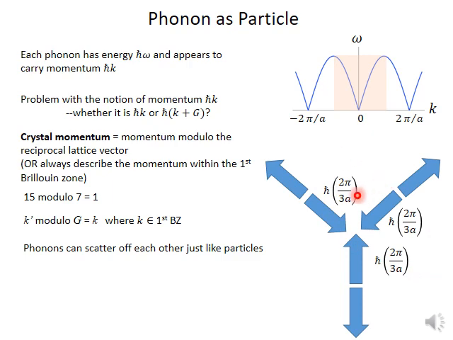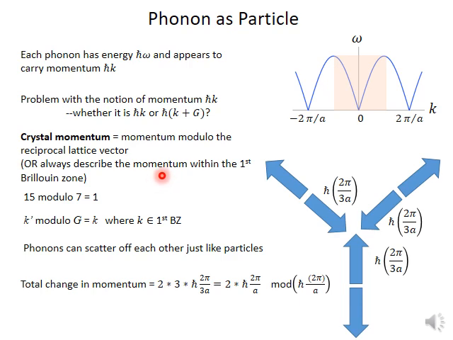So you do have a change in h bar k, which are the supposed momenta of the phonon. So that momentum is not conserved in such an event. But the question is whether the crystal momentum is conserved or not.